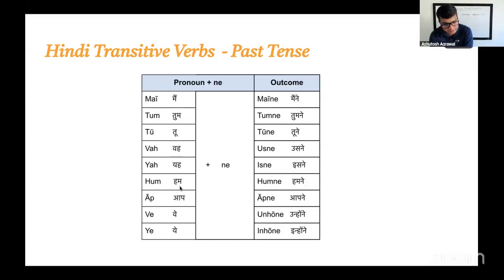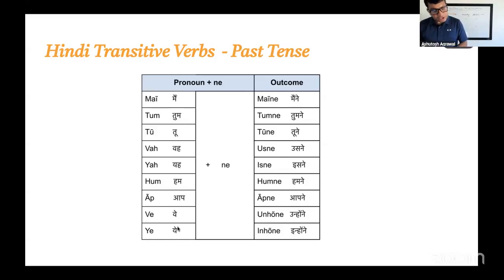It is we. We did something. Okay. आप becomes आपने. And the next two are also tricky. वे is they. Okay. And it becomes उन्होंने. And ये is these. It becomes इन्होंने. उन्होंने and इन्होंने. Okay.